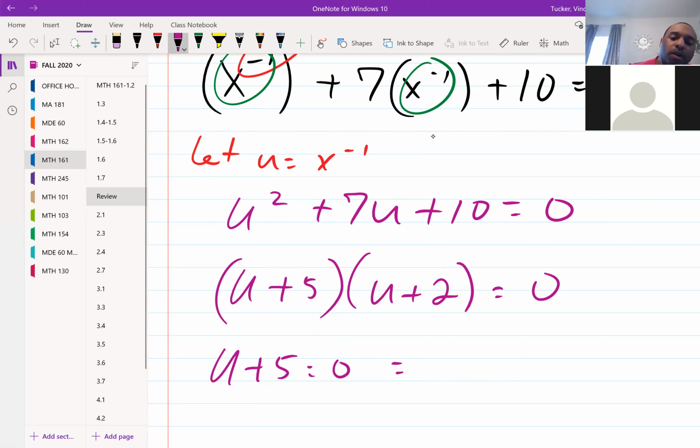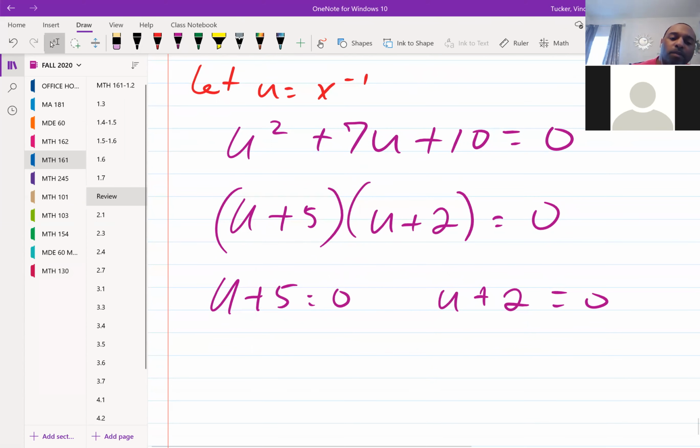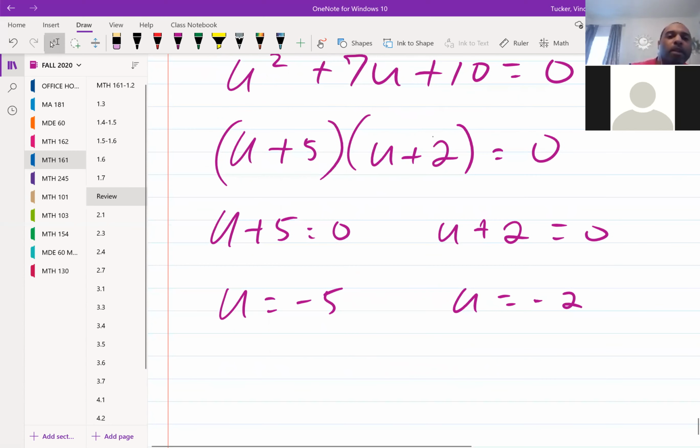Now we set each part equal to 0. Solve for u by subtracting 5 and then subtracting 2.